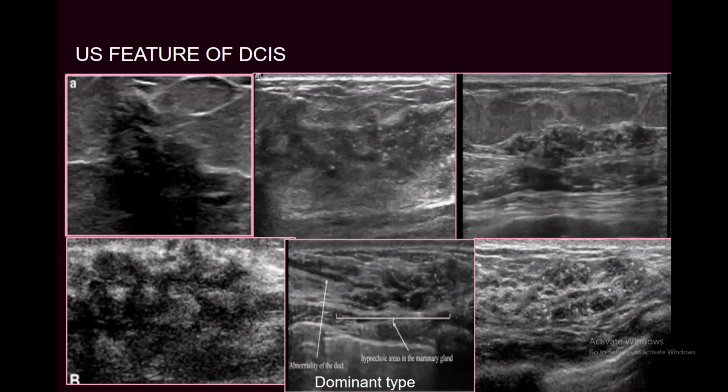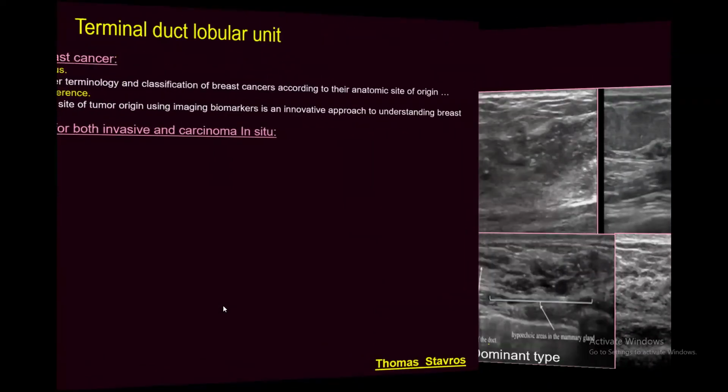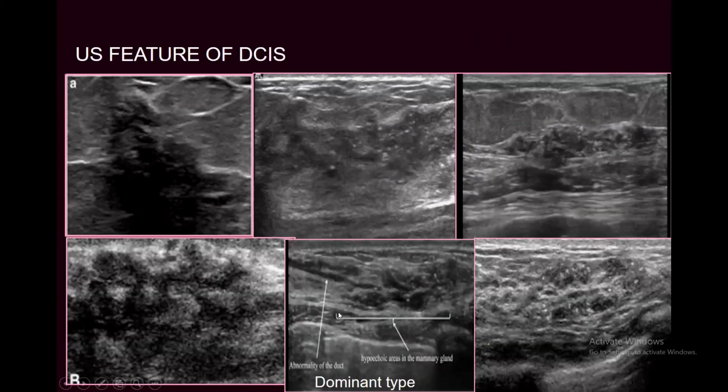Can you see these changes here? Again, there is no mass here. None of these 6 examples demonstrate a single mass, but there are definitely abnormal parenchymal changes. This is non-mass-like parenchymal change with distortion, and here with calcification. Here with shadowing and distortion, and this example with duct-like or ductal architecture.